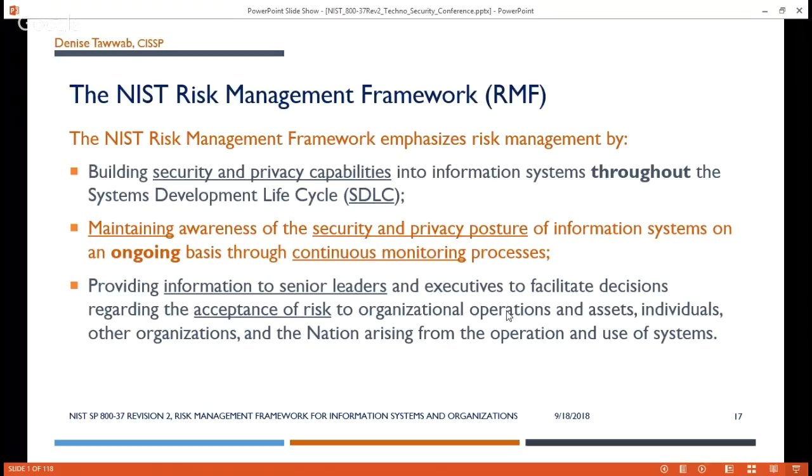By maintaining awareness of the security and privacy posture of information systems on an ongoing basis through continuous monitoring, and also by providing information to senior management to facilitate decisions about the acceptance of risk to your operations, assets, individuals, other organizations, and the nation that arise from the operation and use of systems.